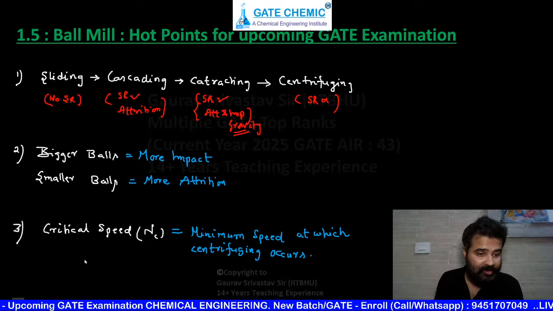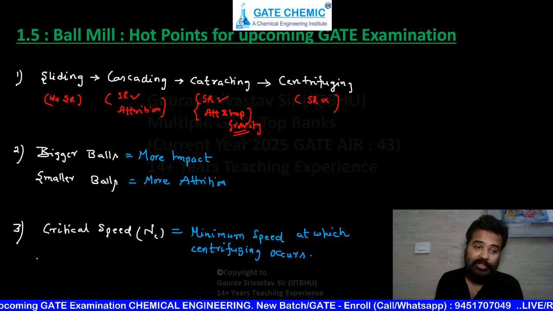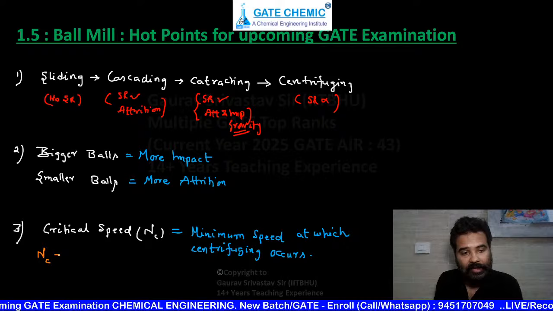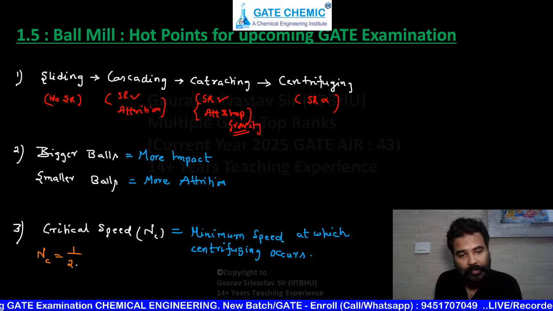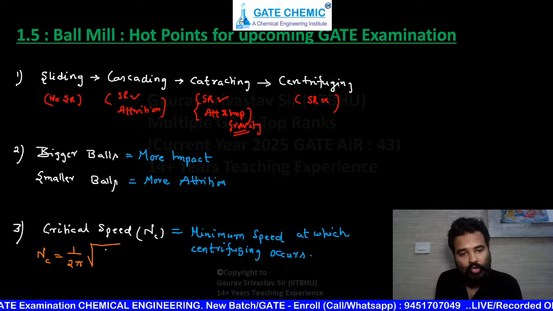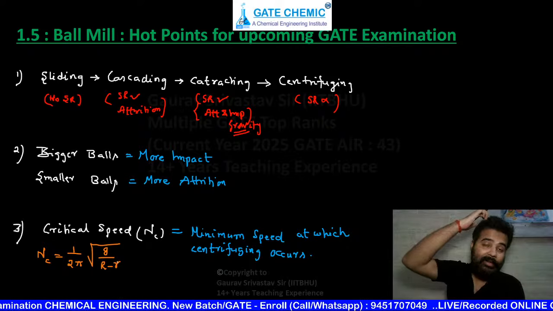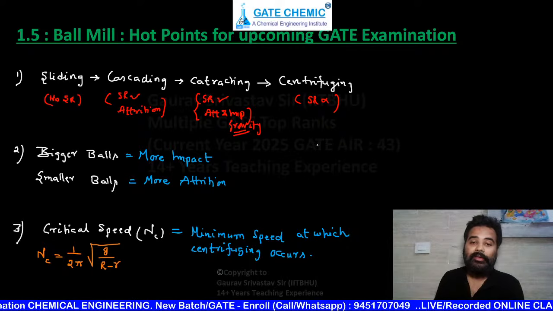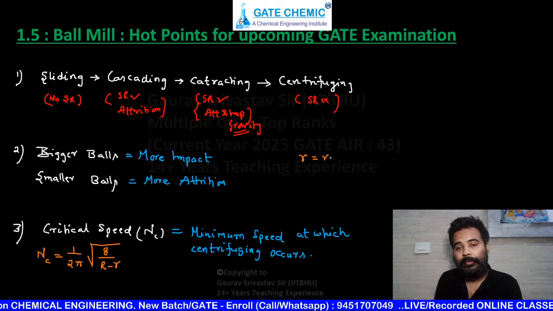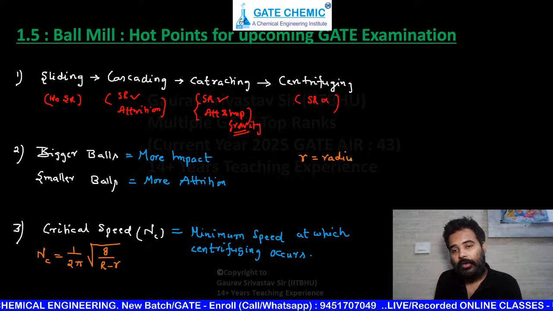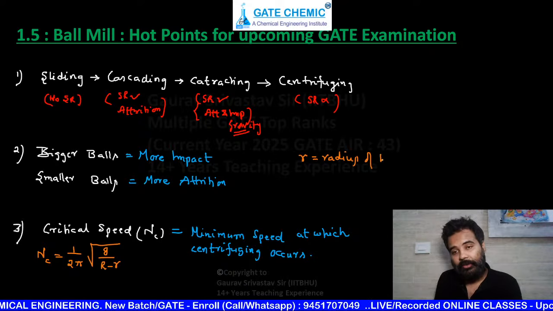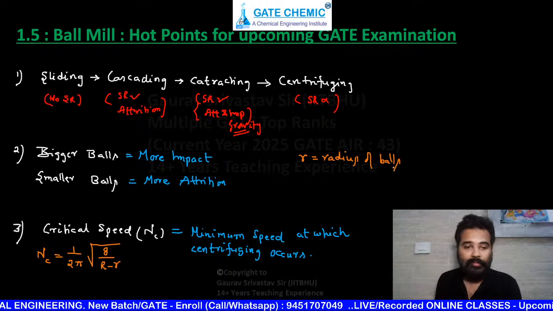Okay, and regarding this critical speed, my dear students, two equations are important. One is NC is equal to 1 by 2 pi root over g upon (R minus r). Small r is radius of grinding media, that is balls.